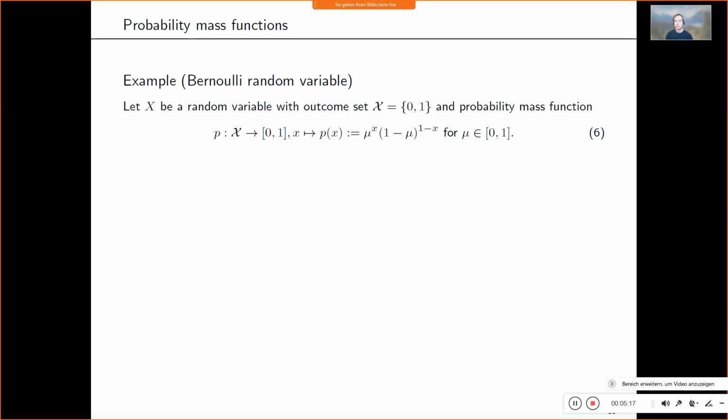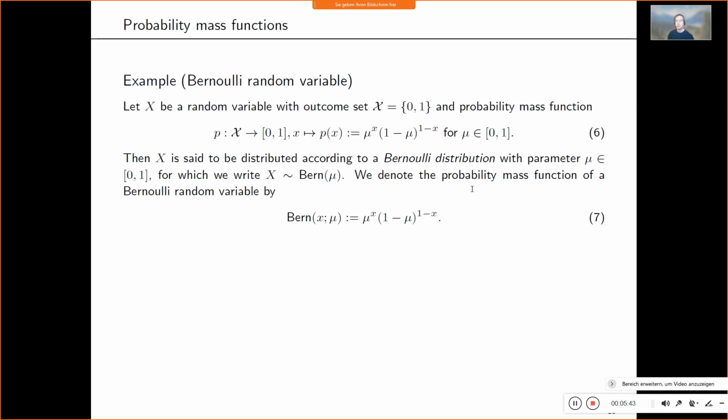A very basic example for a probability mass function is a random variable with the outcome set 0, 1 and the associated probability mass function where p_x is defined as mu, a value between 0 and 1, to the power of x, times 1 minus mu to the power of 1 minus x. If a random variable has this probability mass function, then x is said to be distributed according to a Bernoulli distribution with parameter mu.